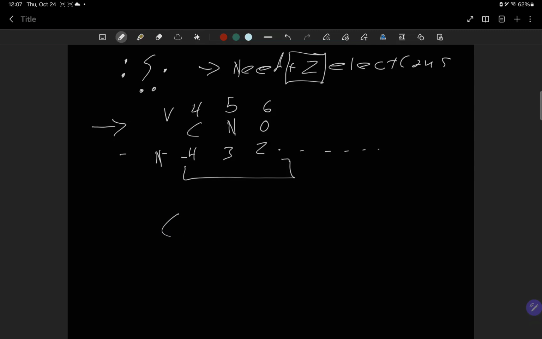So let's say we have 2 hydrogens, 2 carbons, and 2 more hydrogens. So this one, the carbon has 1, 2, 3, 4 valence electrons. 1, 2, 3, 4.